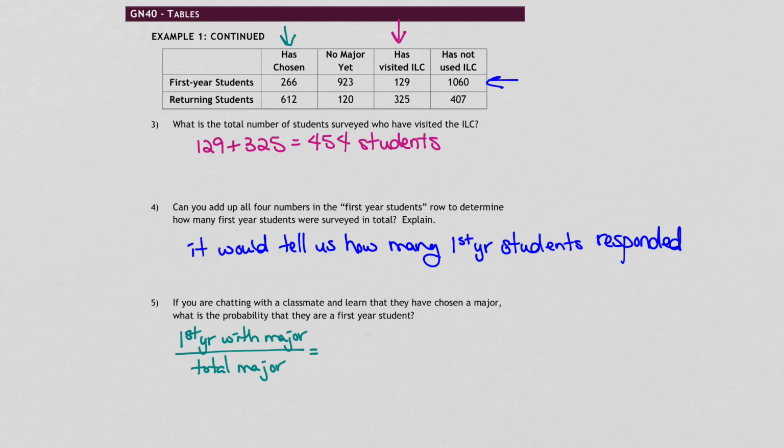So you're chatting with a classmate and learn that they have chosen a major. What is the probability that they are a first-year student?